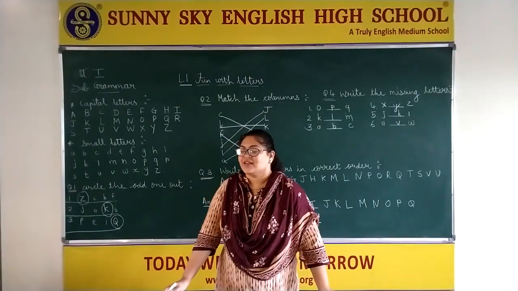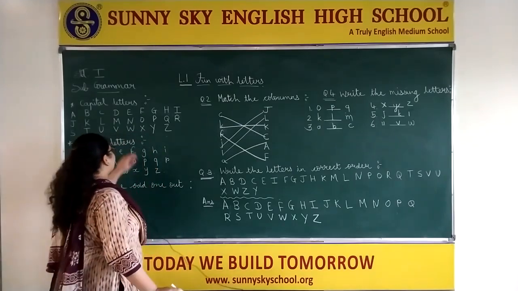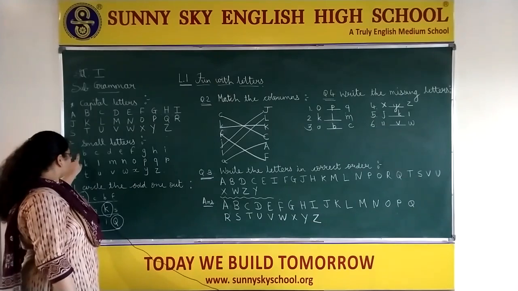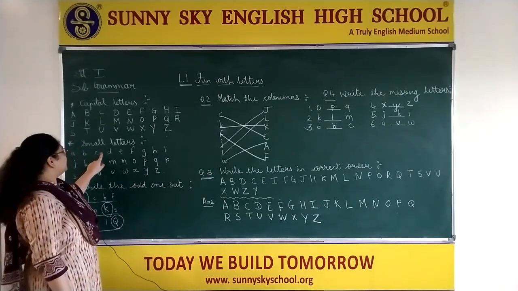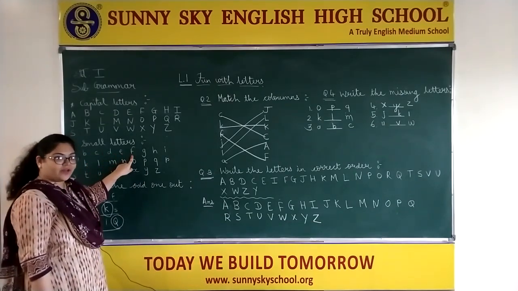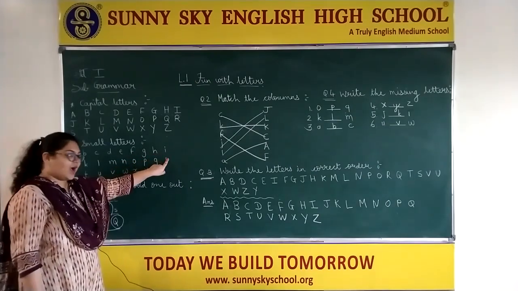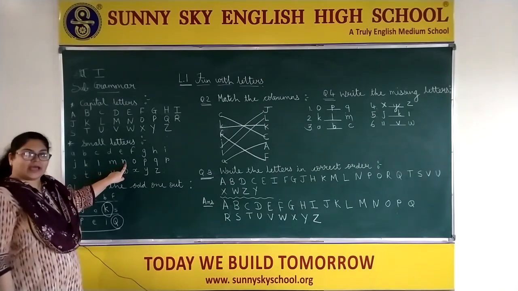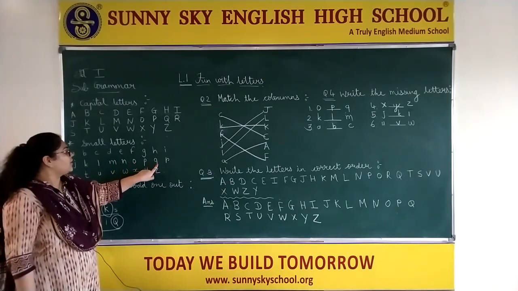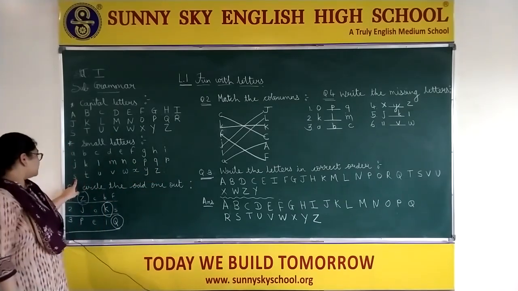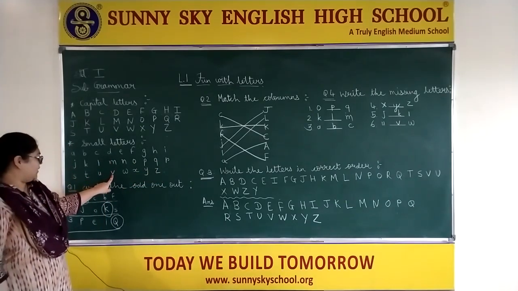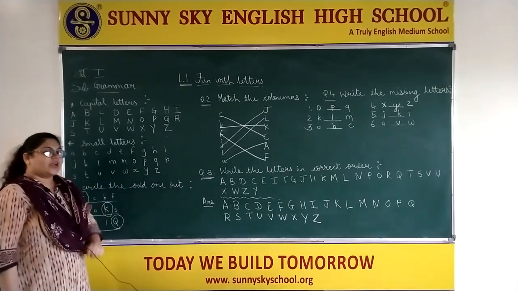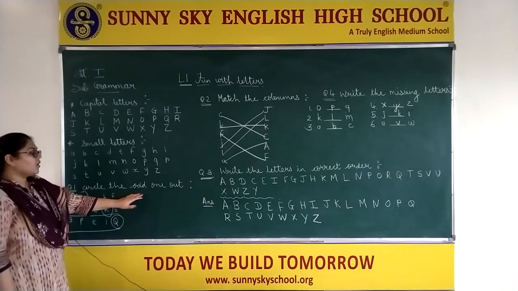Let's recall. Here, first of all, we have studied capital letters and small letters. Small letter A, small letter B, C, D, E, F, G, H, I, J, K, L, M, N, O, P, Q, R, S, T, U, V, W, X, Y and Z. After that, we have studied circle the odd one out.